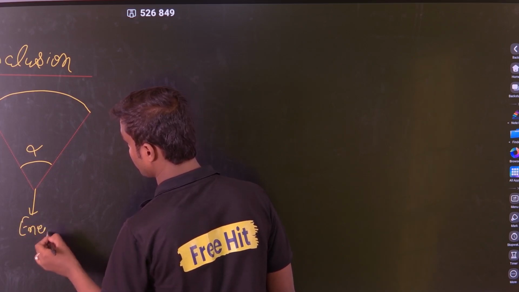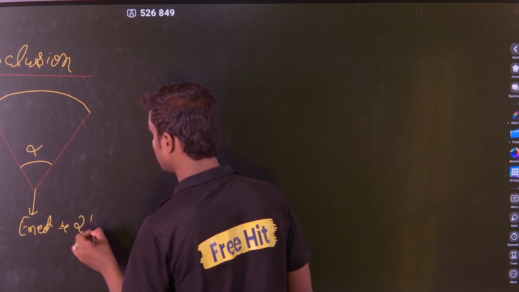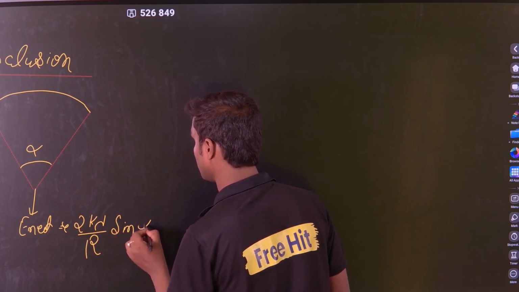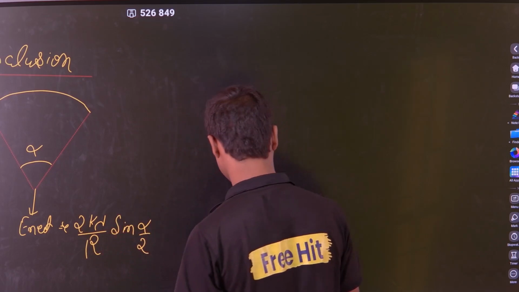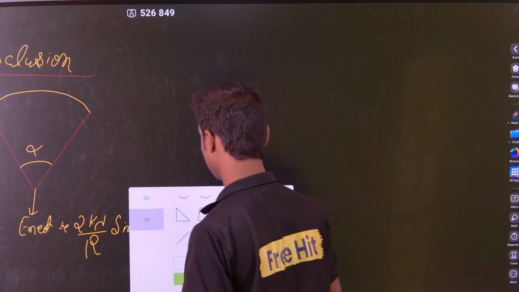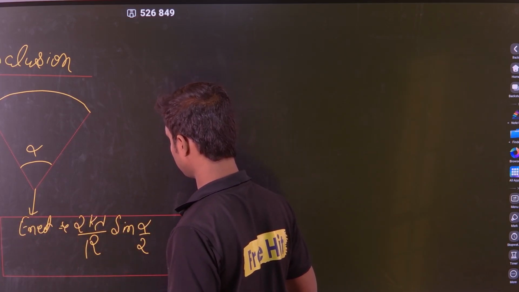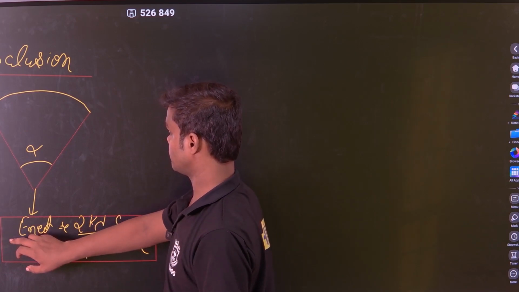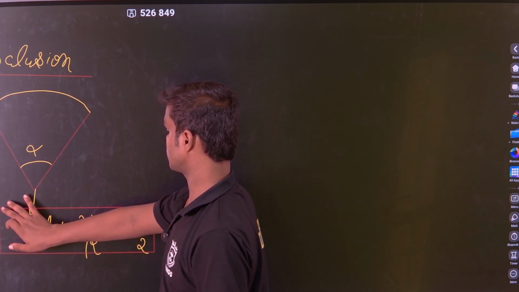This is my E net, and the value will be 2K lambda by r into sin alpha by 2. That is the conclusion we have got. Clear? This is our conclusion. Clear?